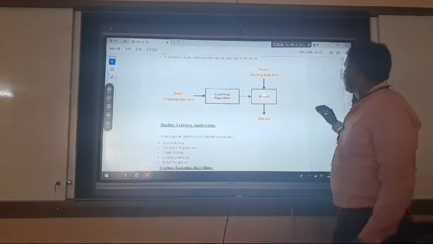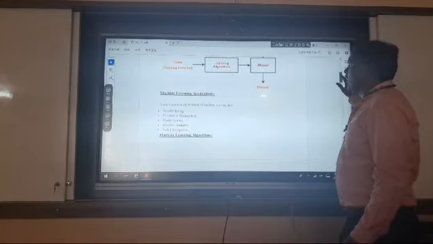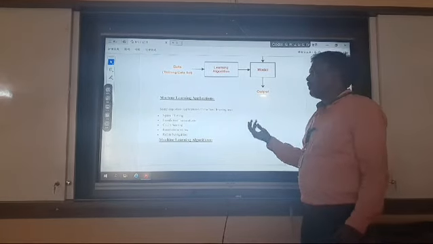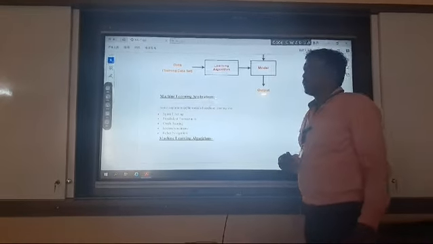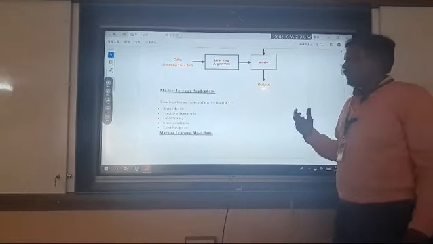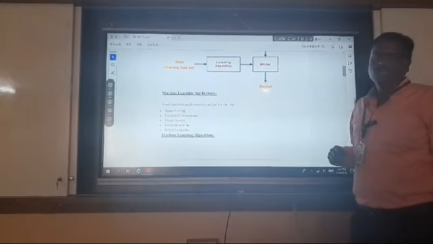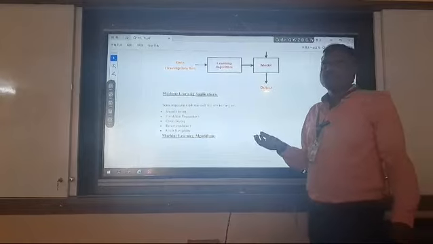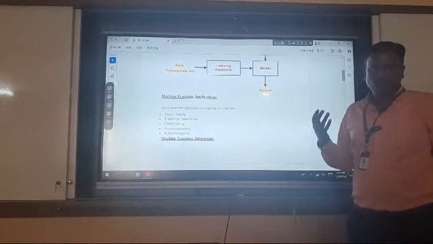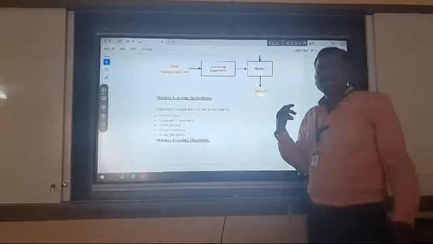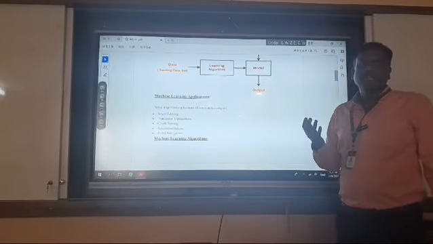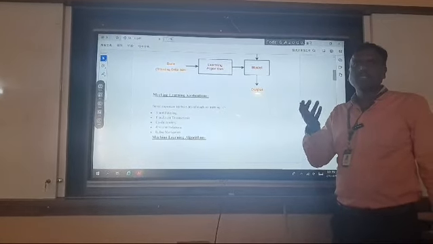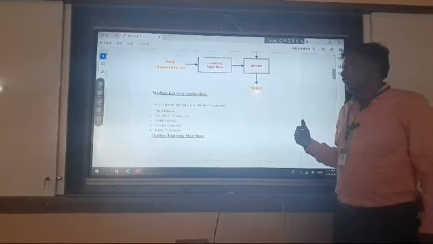Nowadays, machine learning is applicable in many ways. Some important applications are spam filtering. Most people use email for communication, and in those mails we get unnecessary information, or unknown people send information to our mails.